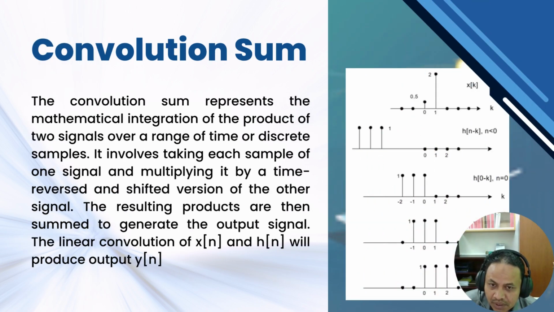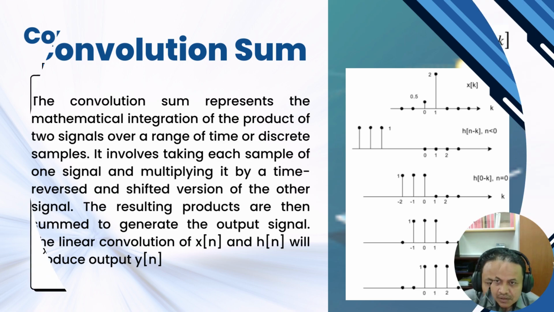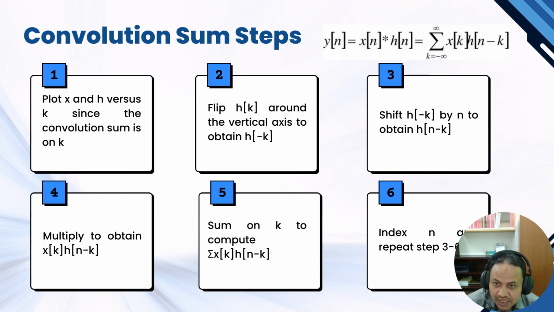Convolution sum represents the mathematical integration of the product of two signals to generate the output signal y[n]. This is about the convolution sum steps. From the x and h input, firstly we flip h[k] around the vertical axis, and then we shift h to obtain h[n minus k].